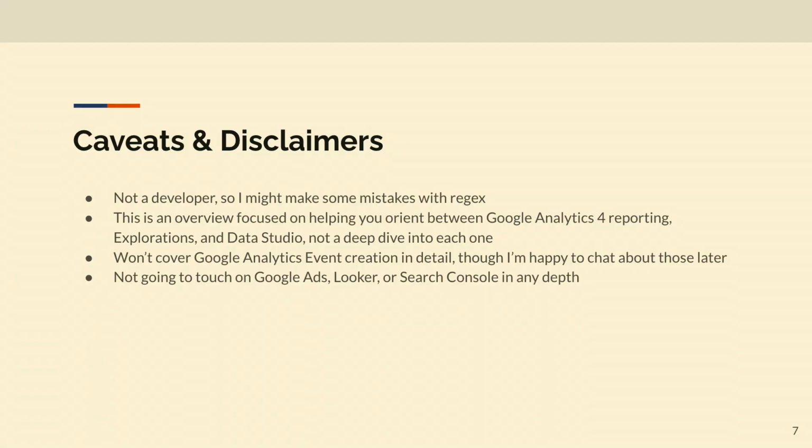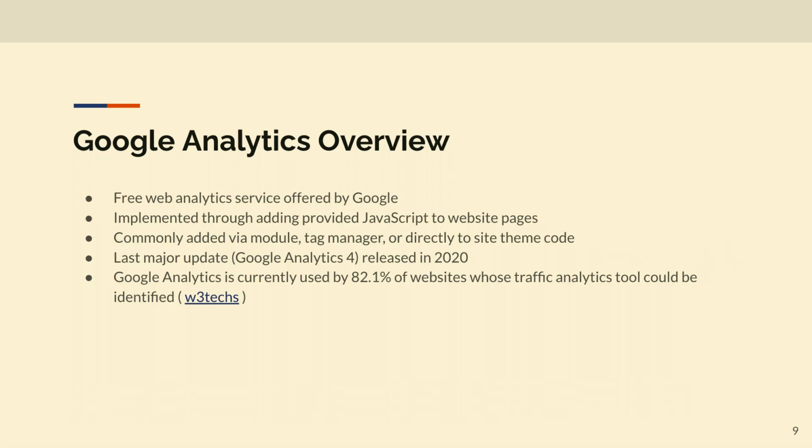Sometimes I rabbit hole, in which case I apologize. I won't cover Google Analytics event creation. That's its own thing. Happy to chat about those later. I will talk forever about this given the opportunity, and I'm not going to touch Google Ads or Looker or Search Console or really other things, just because 45 minutes.